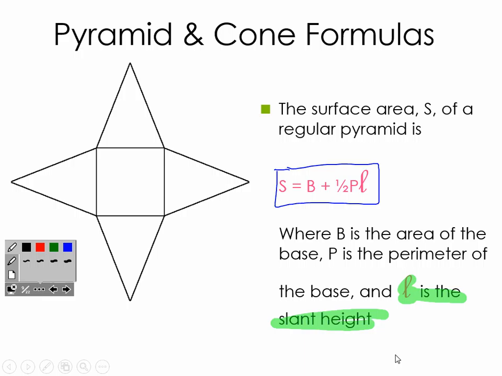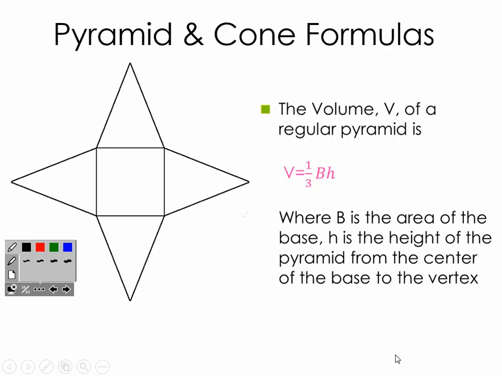But because we had already drawn the height of our lateral face, the triangle, please understand that that also represents the L, which is what we call the slant height. So your L, your slant height, will always be the height of the lateral face, which is the triangle.